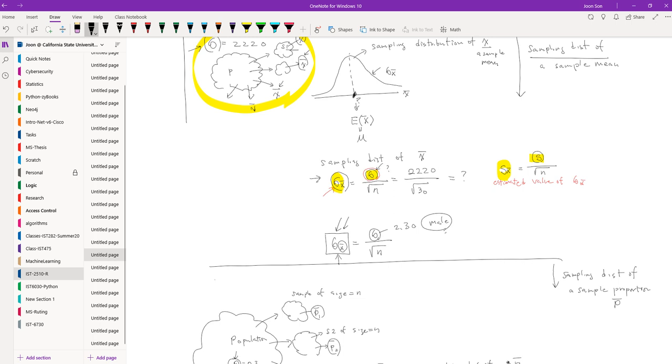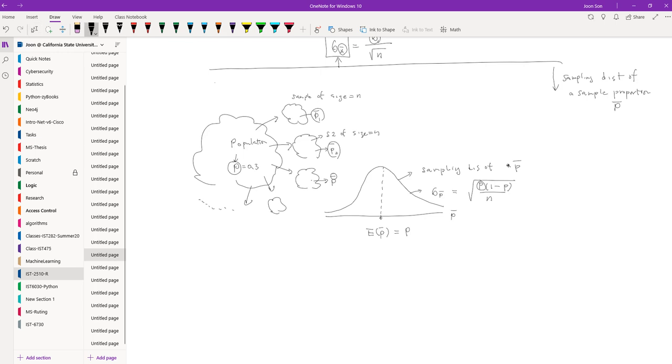In this case, the p value is in many cases not known. So to find the standard deviation of a sample proportion, we need to estimate this value, and that is known as S sub P bar.